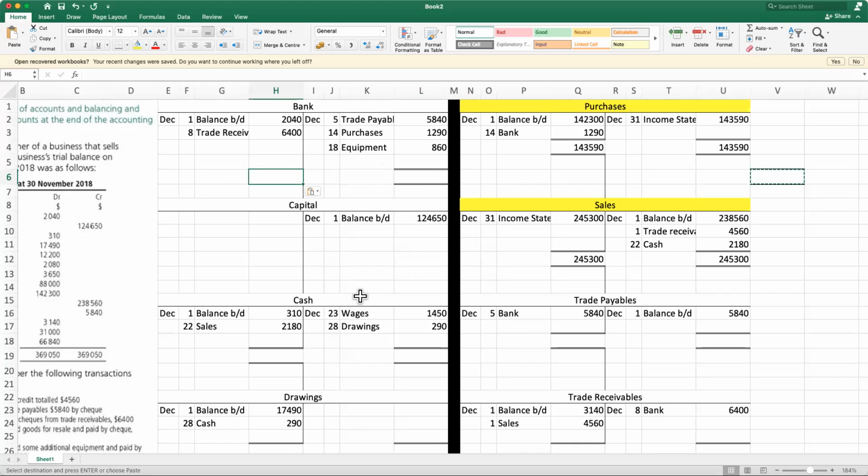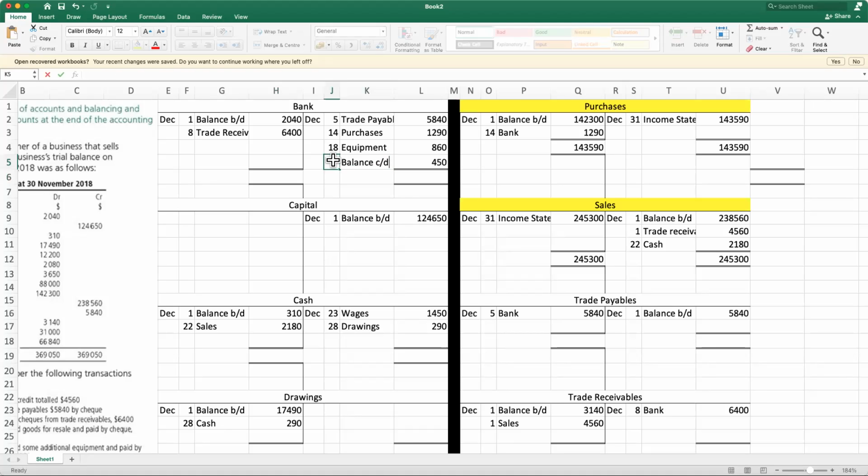Okay, now I need to balance my bank account. It means I need to know how much is left in my bank. So I just take my total on the debit side, which is 8,440, and then my credit side is 7,990. The difference is 450. This is what we call your balance carried down.